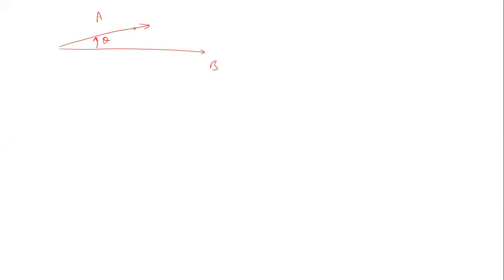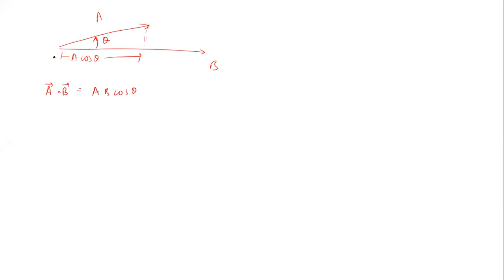So if you project the vector along b, we get the component of a along b. The component of a along b will be a cos theta. We can easily find this using the dot product concept: a dot b must be equal to a b cos theta.